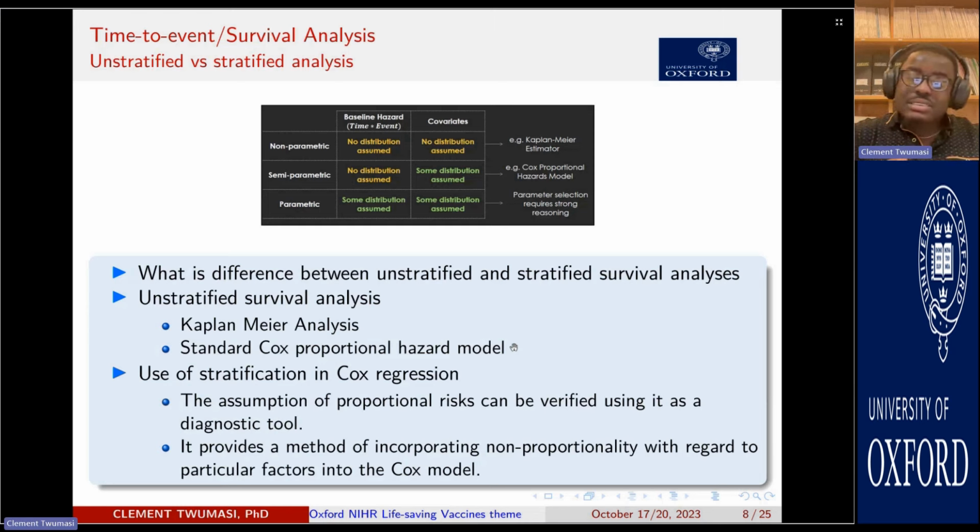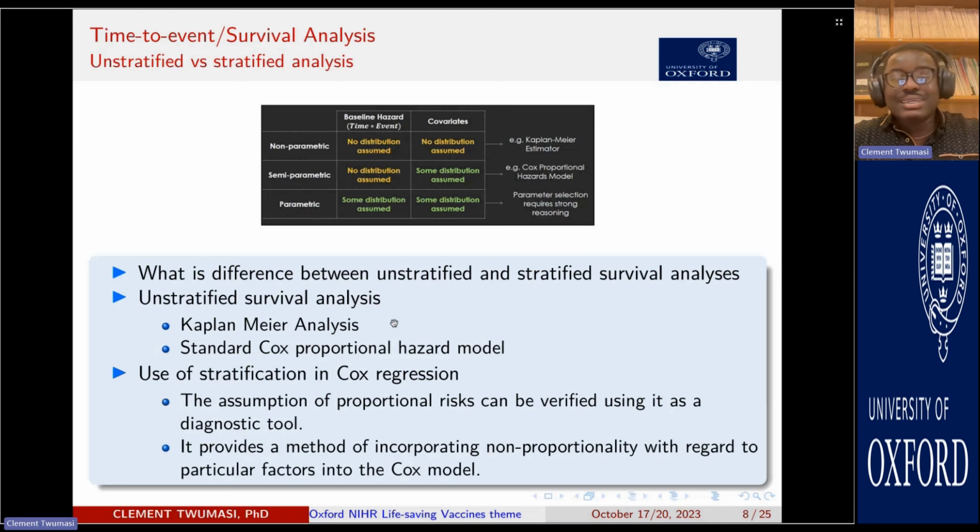That is to say, if there's no right censoring in your data, using these methods would not hold, and then we have to think about a different method. We believe that not all your individuals will experience the event of interest. So basically, that is what we mean by right censoring. We have different types of censoring, such as interval censoring.